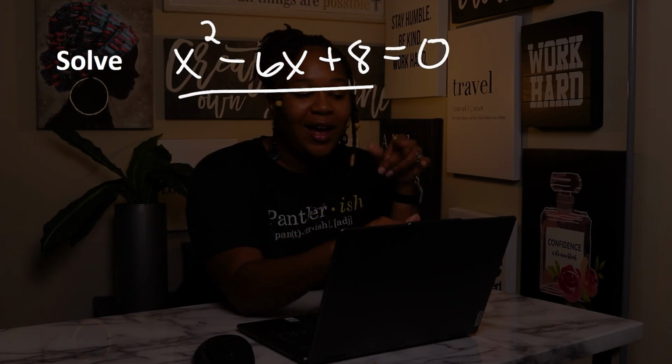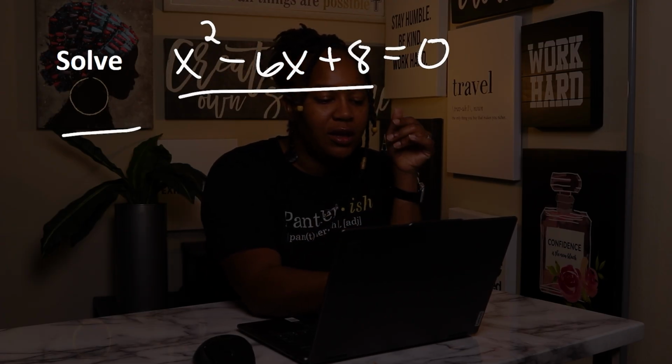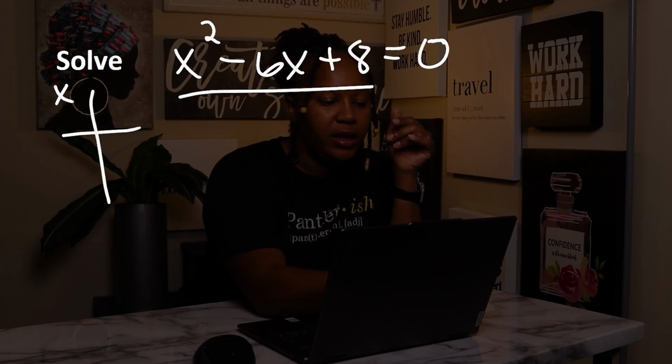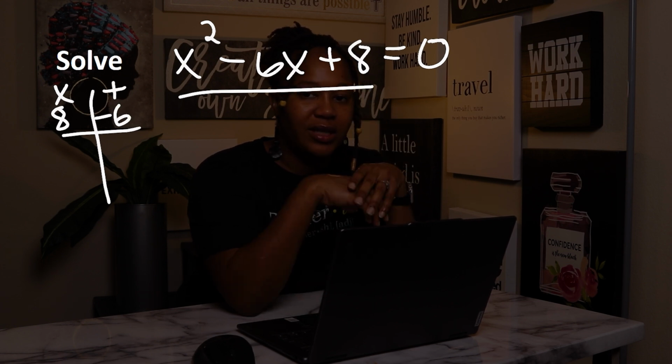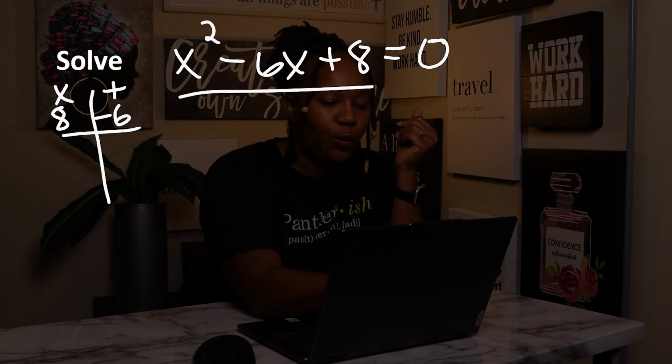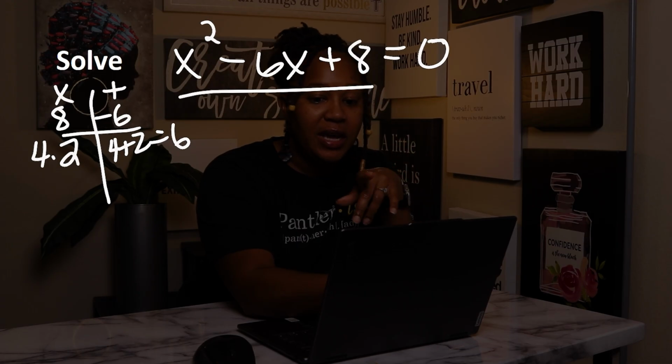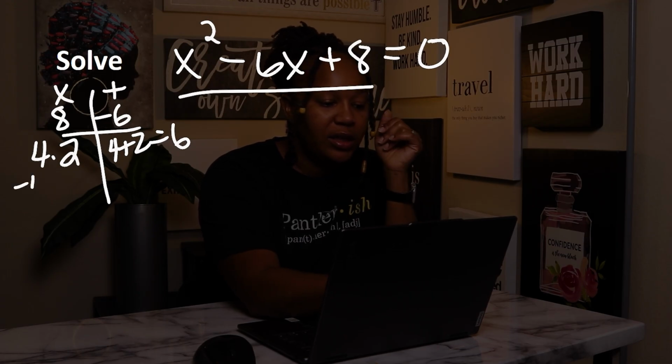All right. So when I factor this, I want to take factors of that last number, 8. So I want to find 2 numbers that multiply to give me 8, but add to give me that middle number, -6. And when you think about it, 4 times 2 is 8, but 4 plus 2 is 6. And I need it to be -6. So basically what I need to do is change the sign on both of those.